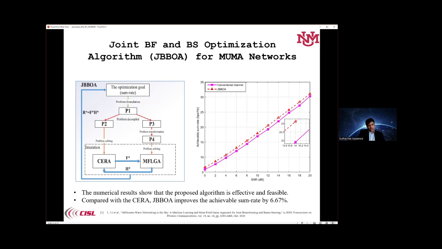That is, you first, for example, find the solution to the beamforming, assuming that you have matrix H for the beam steering, and then you find the beam steering matrix H, assuming that beamforming matrix F is given, and then you keep iterating until convergence. And it is shown that the joint beamforming and beam steering algorithm actually performs better than the traditional methods.